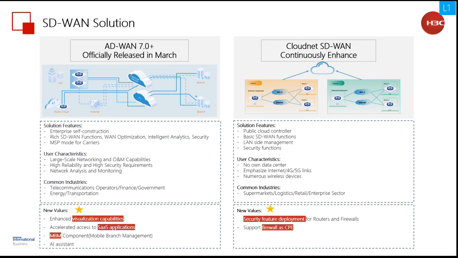Then, in terms of CloudNet and the SD-WAN part of CloudNet, just to mention, as I said in the beginning, CloudNet is, we always say, 100% free. I should probably change it and say it's 99% free. All the features and functions that I've just spoken about on CloudNet are 100% free.